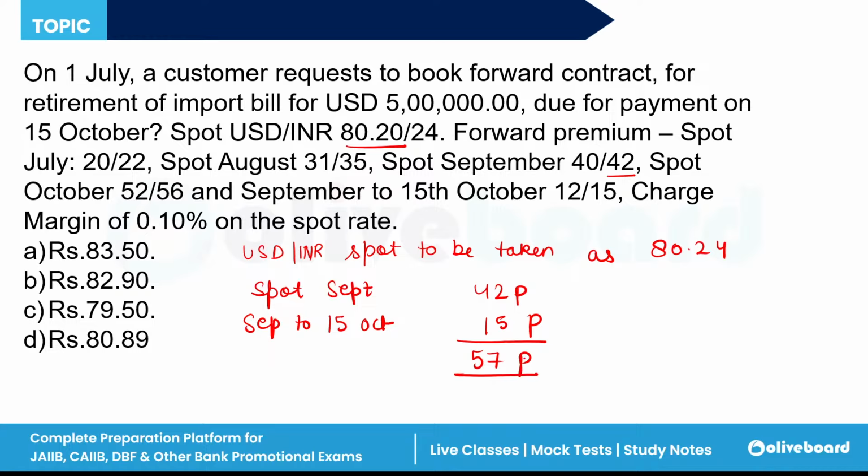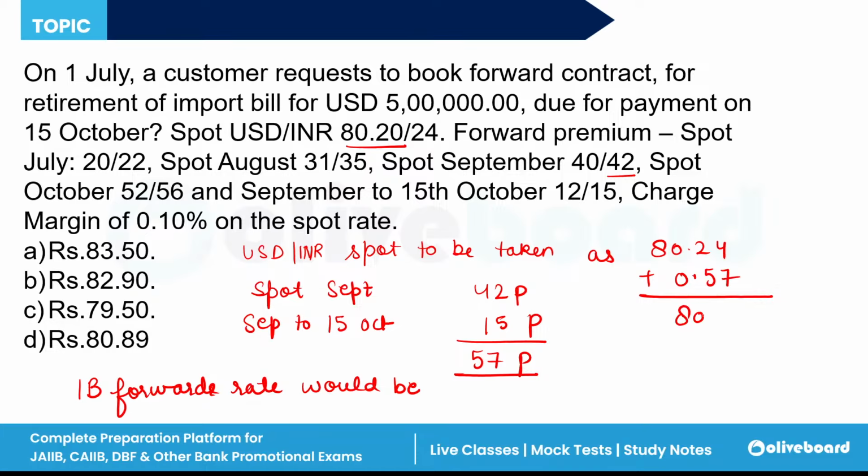So we can say this import bill forward rate would be 80.24. We have to add 0.57, which equals 80.81, and add the 0.10% margin, which equals 0.08.